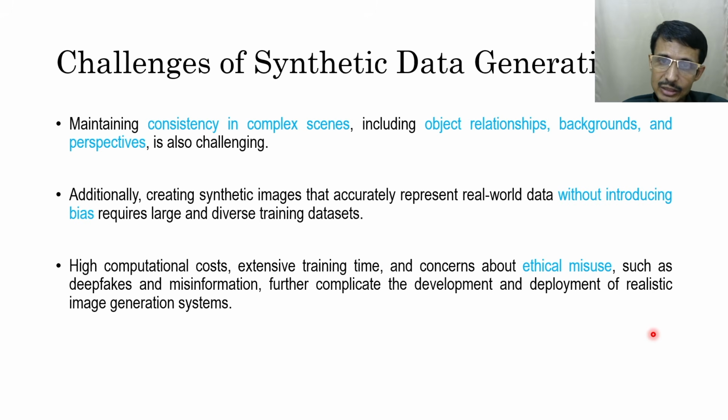It takes as input a real distribution, real world data, and with this distribution it tries to generate some data. This data should belong very close to the given distribution. So to generate real world data without introducing bias, it requires a large and diverse training data set. That is also a challenging task.